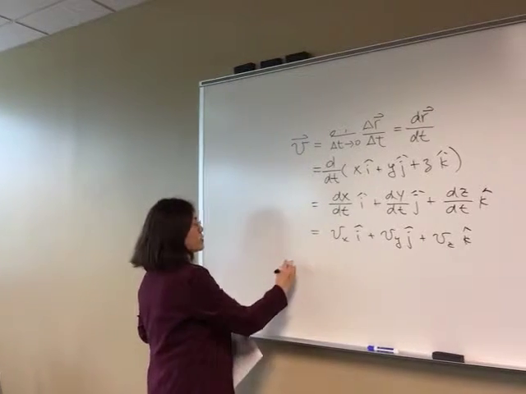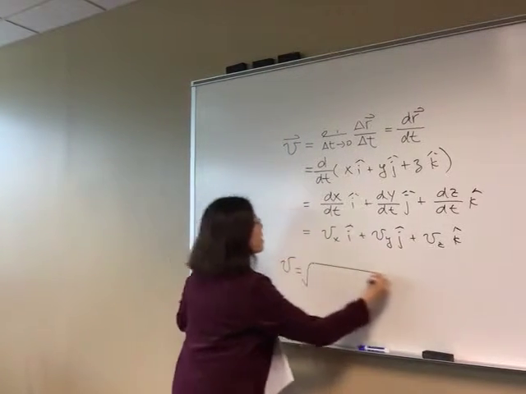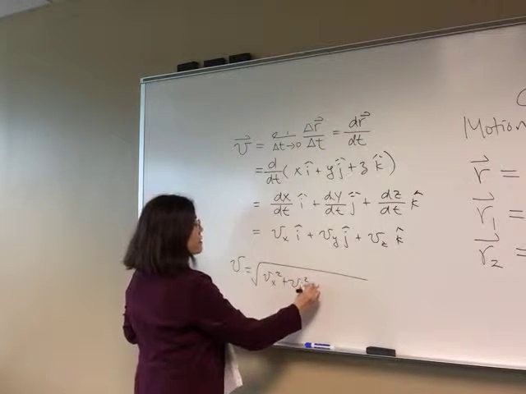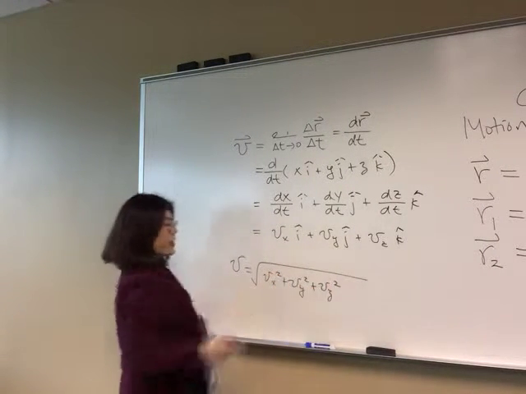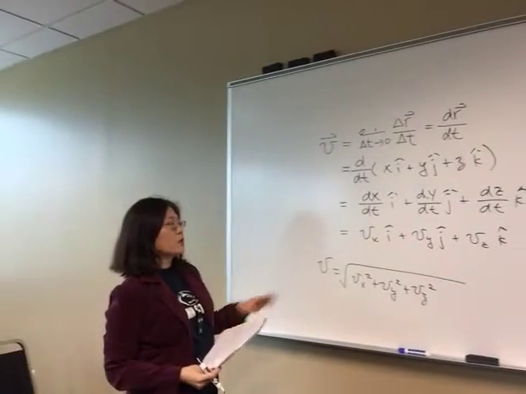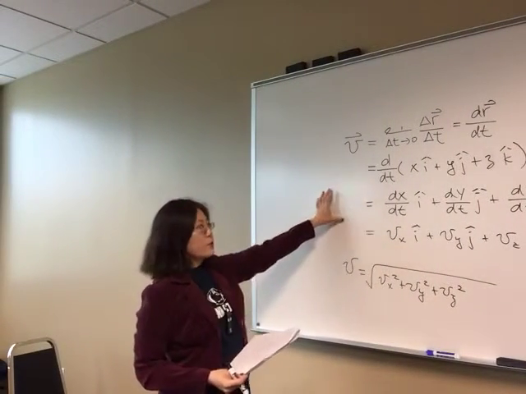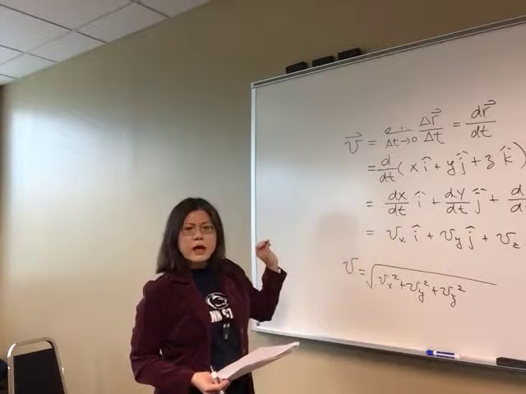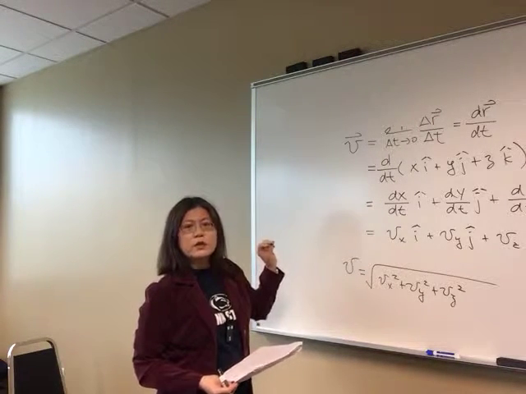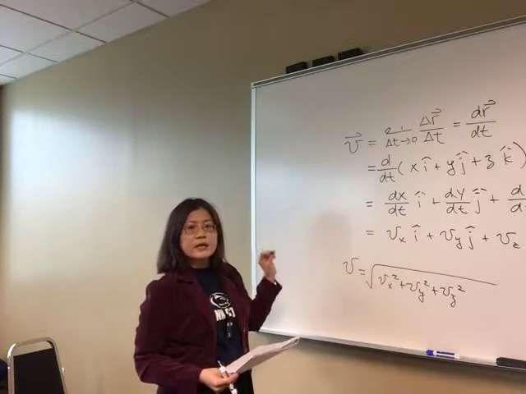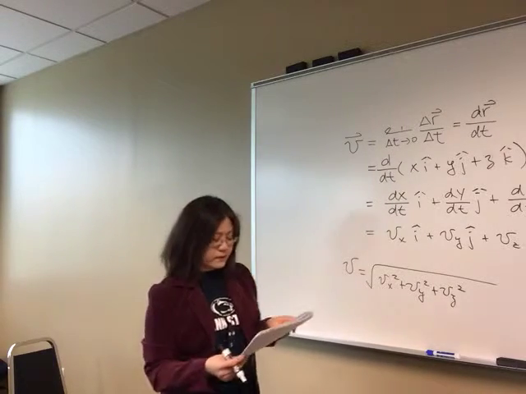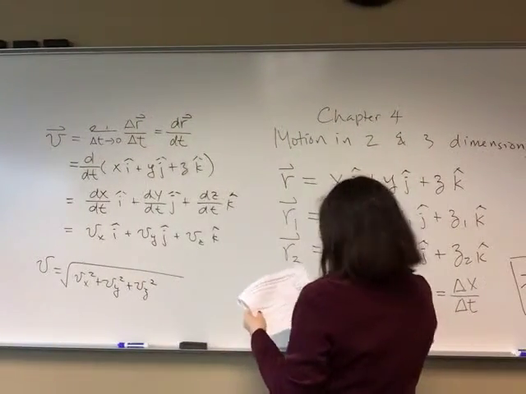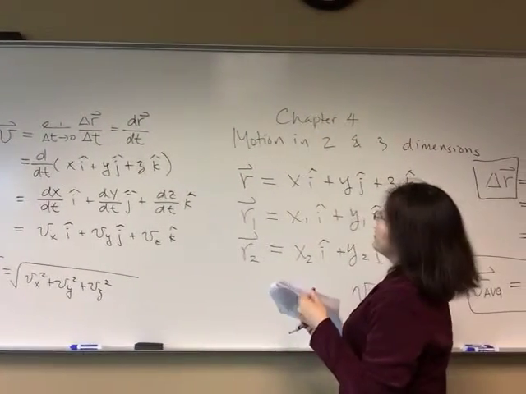So your v, the magnitude of v, would just be the square root of vx squared plus vy squared plus vz squared. Okay, and of course the angle, you really have to draw the vectors in the x, y, z directions in order to determine what angle that is in reference to what axis. Okay, so that's that. And what about acceleration?